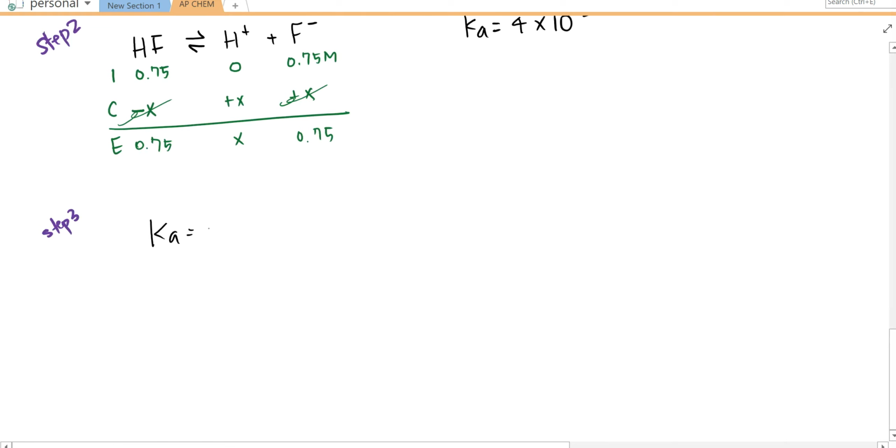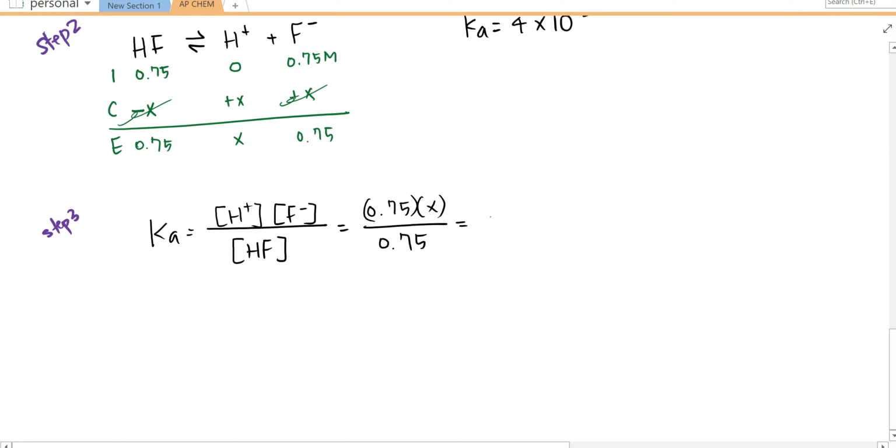The Ka expression is always products over reactants, so H plus times F minus over HF, and that means it's x times 0.75 over 0.75 is equal to 4 times 10 to the negative 2. And I know that my x is equal to the H plus concentration, which is 4 times 10 to the negative 2.